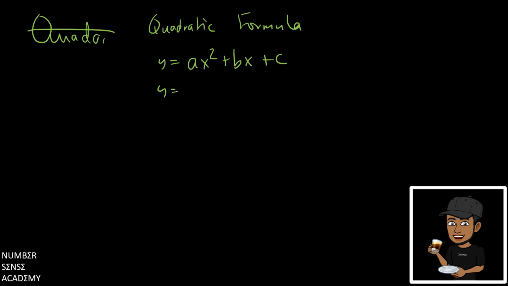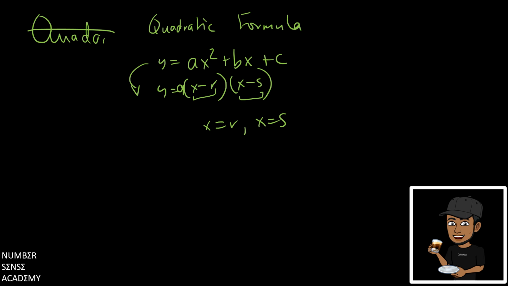Typically, we want something in the form of a times (x minus r)(x minus s). So we want to be able to move from this to this easily, and then from here we could extract our roots. Okay, but sometimes it's not that easy.